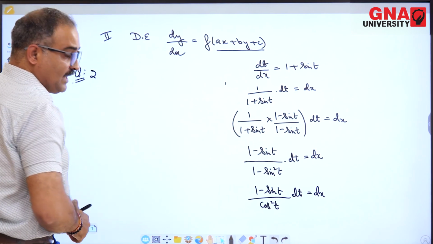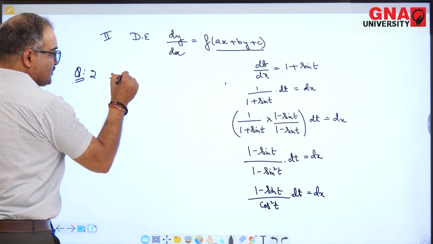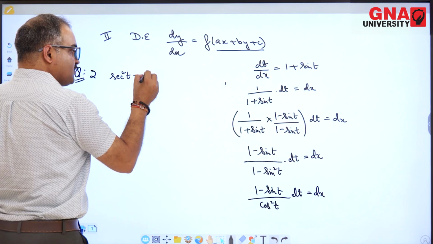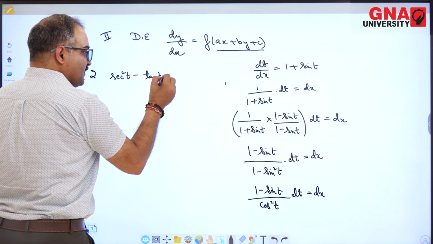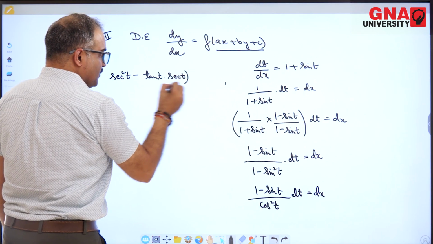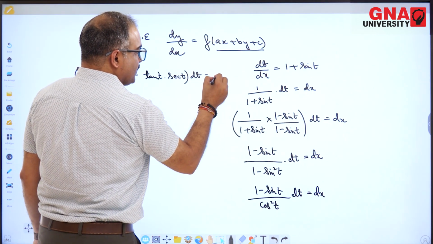Now I'll separate both terms. 1 upon cos squared will be secant squared t, minus sine upon cos squared, that means sine upon cos, which is tan t, into 1 upon cos, which is secant t, dt is equal to dx.